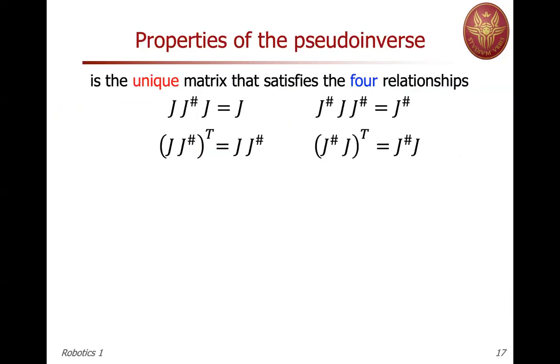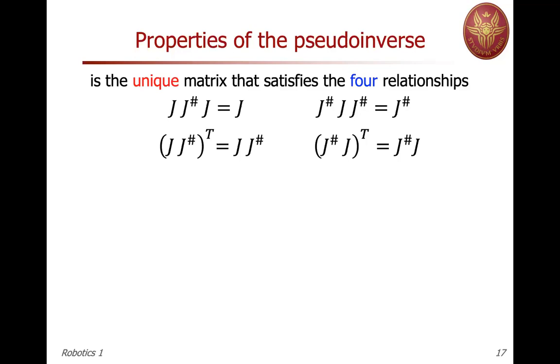So let's see how you compute the pseudo-inverse. Given a generic matrix, no matter if it's square or not, no matter if it has more rows than columns or more columns than rows or an equal number, the pseudo-inverse is the unique matrix. So given a matrix J, this is the unique J pseudo-inverse, J plus, J dashed, however you want to call it, that satisfies these four relations. So these four relations define in a unique way the pseudo-inverse.